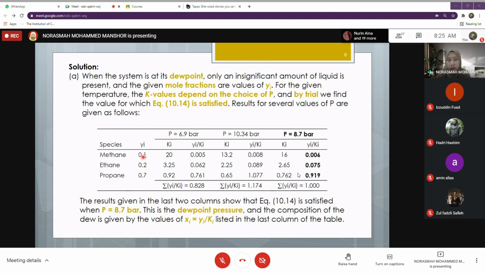Each Yi is the mole fraction given in the question, so you calculate Yi over Ki for each component and then take the summation. The summation is 0.828, but what we want is summation Yi over Ki equal to 1. So at P 6.9 bar, it does not yet satisfy equation 10.14. So you choose another value of P until the summation Yi over Ki is equal to 1.